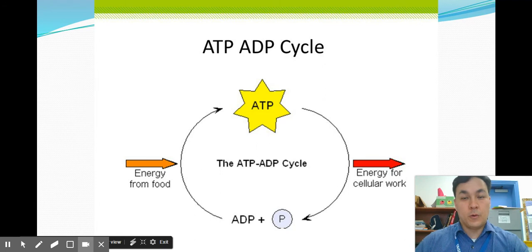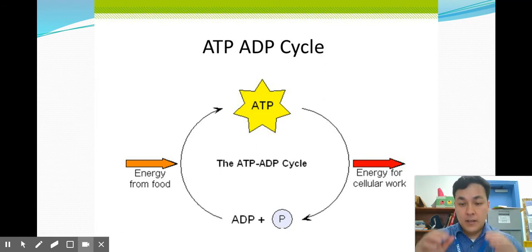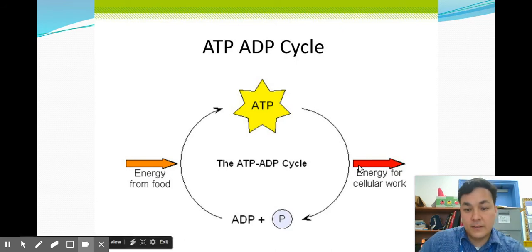ATP goes off to do work. Well, what kind of work might it do? It might move a protein, might help you grow, might help a cell divide. It can do lots of things in your body. Once we use it up, it's going to become ADP again. Before we can use it to make energy again, it has to become ATP again.